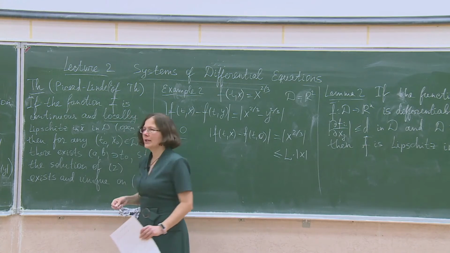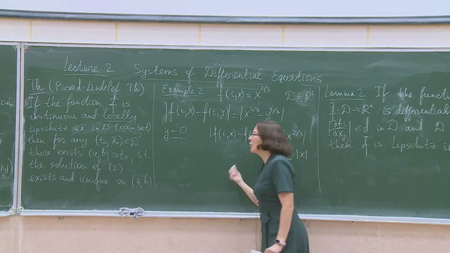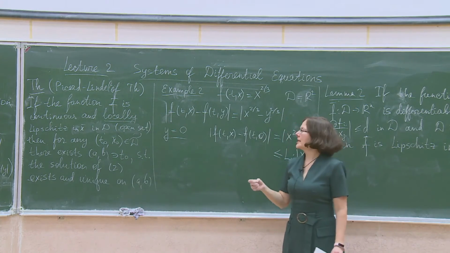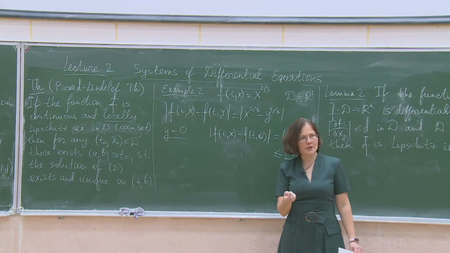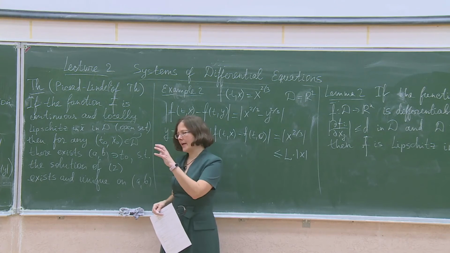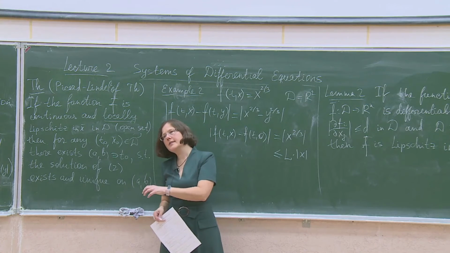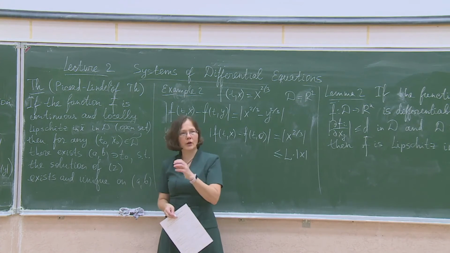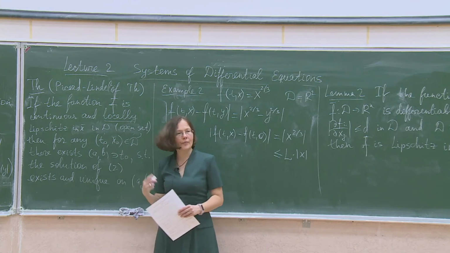Locally Lipschitz, what does it mean? We spoke about the Lipschitz function. What does it mean locally Lipschitz? This theorem is local, right? So the solution exists and is unique locally near the point t0.